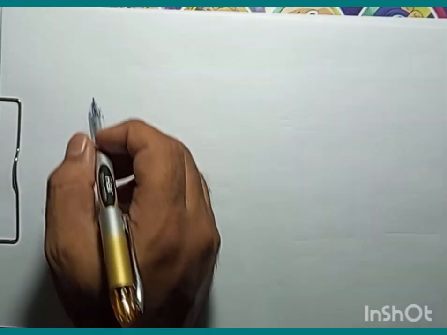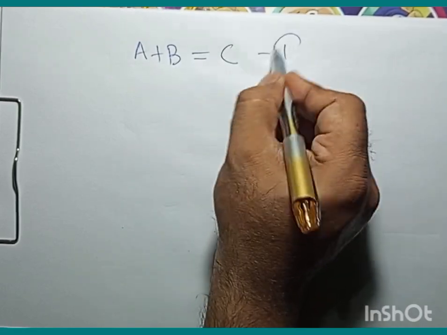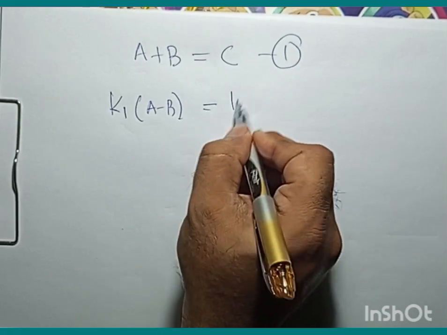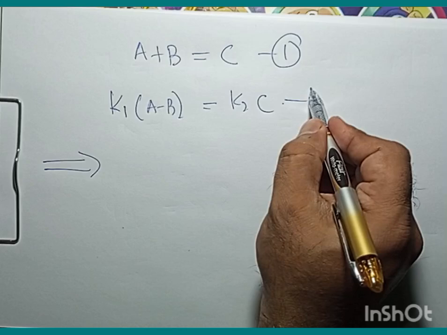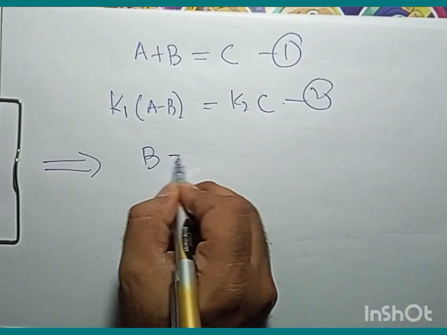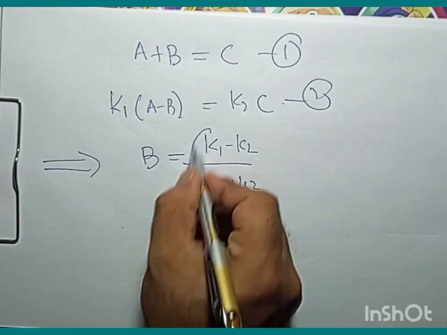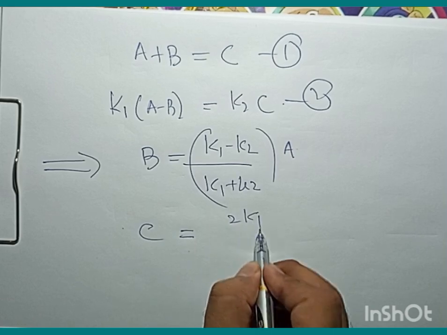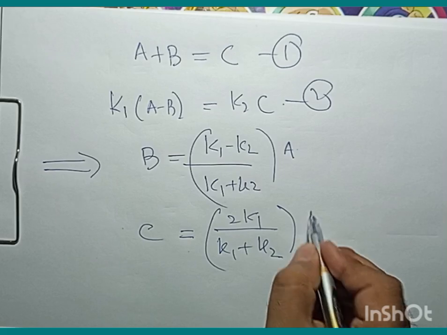So in making those boundary conditions, what we simply get is a plus b is equal to c. This comes out to be our first equation, and similarly we get k1 times (a minus b) equal to k2 c, and we can do the simple algebra on these two equations, and we can obtain b as (k1 minus k2) by (k1 plus k2) times a, and c we will obtain as twice k1 by (k1 plus k2) times a.